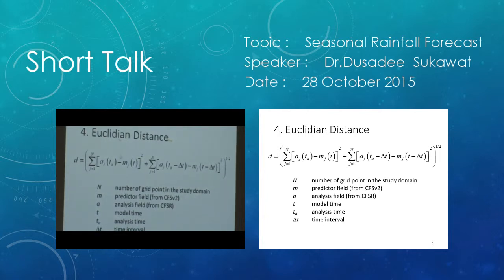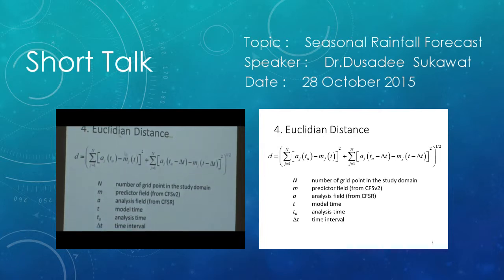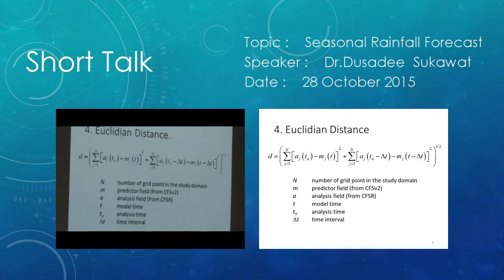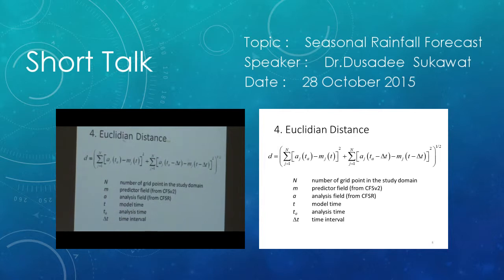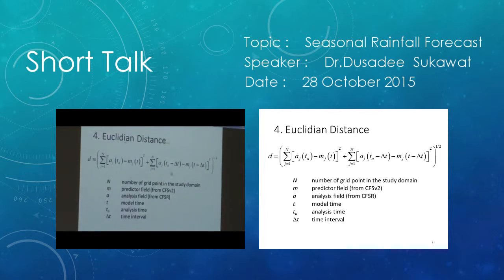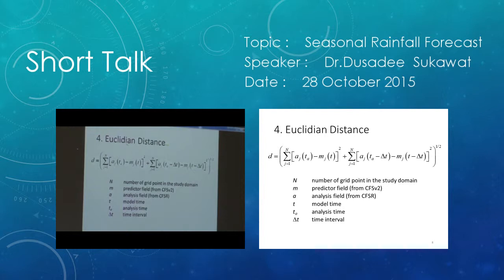Suppose T is today, and I forecast for, let's say, 1st January 2016. Then I have to look at the 1st January of the previous 30 years. So for every grid point in the domain, this is a 1 day comparison, and I also use the yesterday comparison. Okay, so I use 2 days.